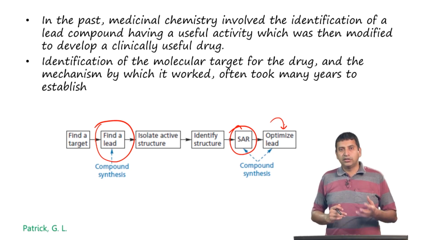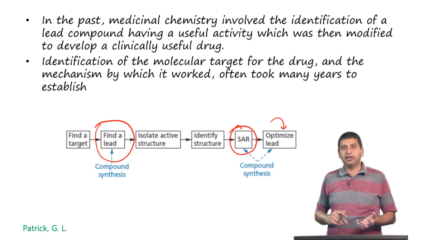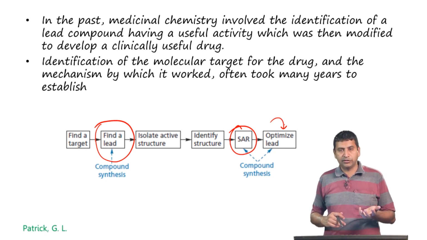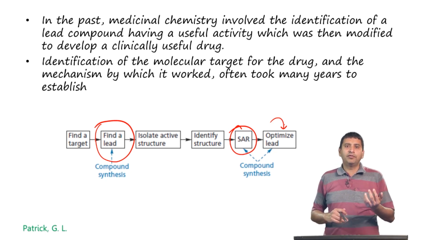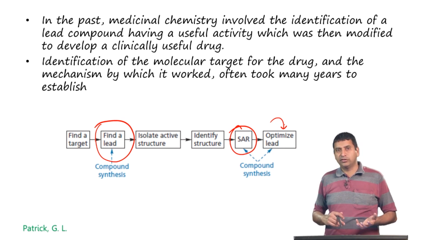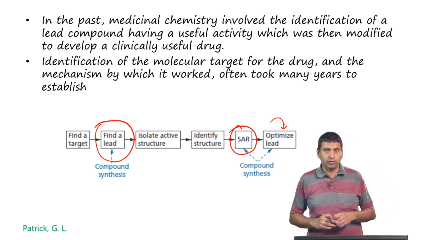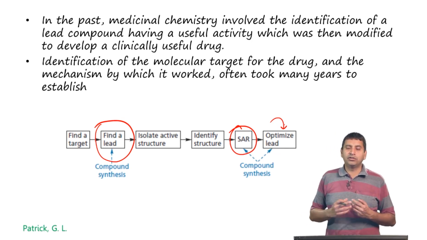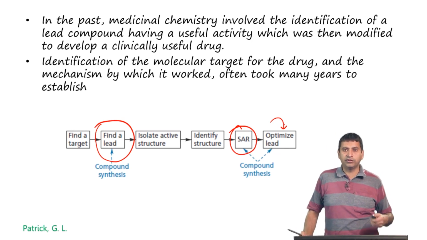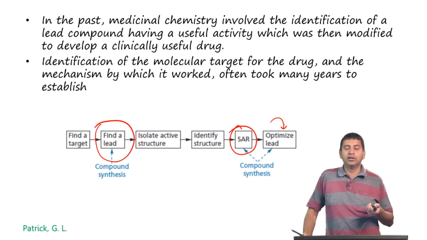But in this whole process, we do not really spend a lot of time in identifying what the target is. Often finding the target takes many years, and it requires a large number of complementary experiments to actually do it. So, this is not a very desirable approach in certain situations, because you want to be aware of what the target is when you start out the drug discovery process.